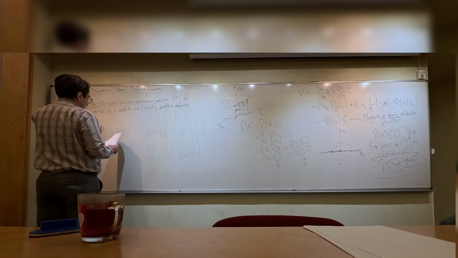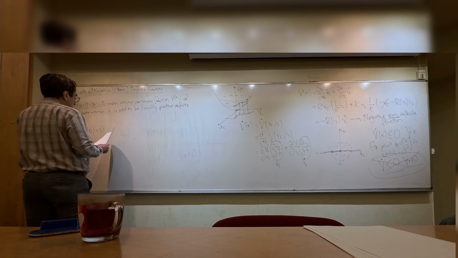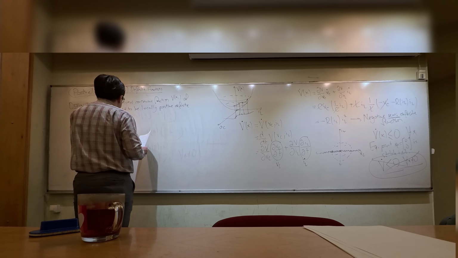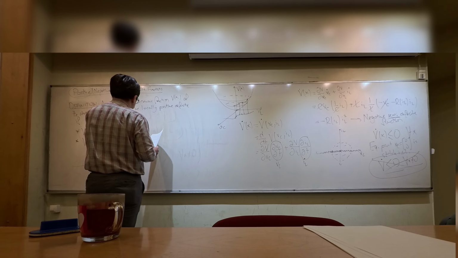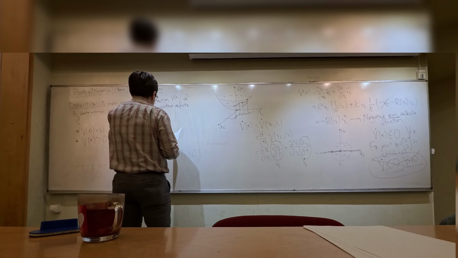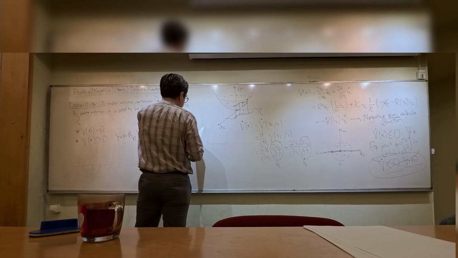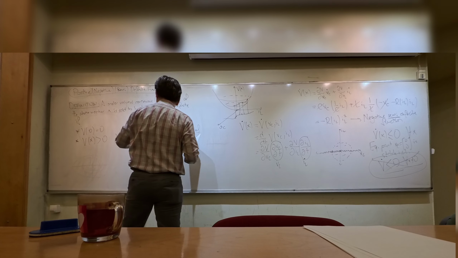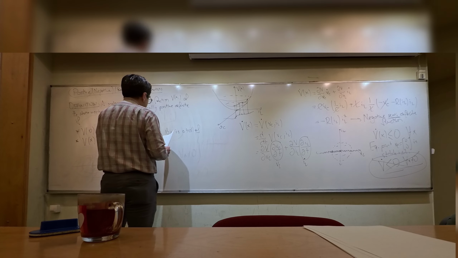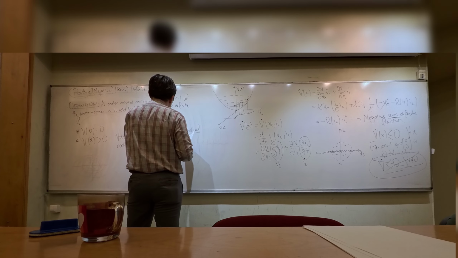V of 0 is equal to 0 and V of x is positive for all x in B_R minus 0, where B_R is a ball of radius r larger than 0 around the origin.